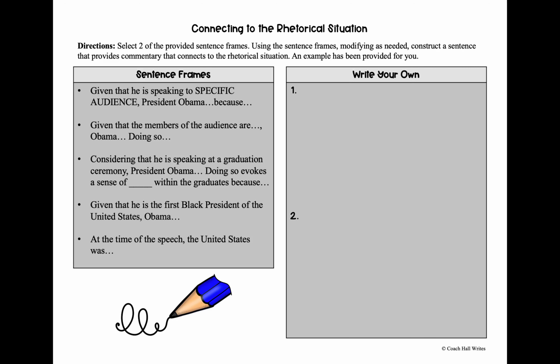For the second part of this lesson, we're going to focus on connecting to the rhetorical situation. Last summer, I served as an AP reader for one of the rhetorical analysis prompts on last year's exam. As part of this experience, I read over 700 rhetorical analysis essays.